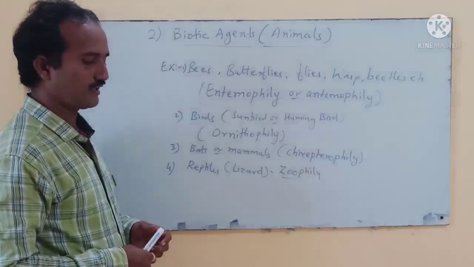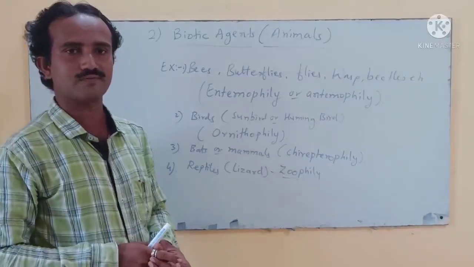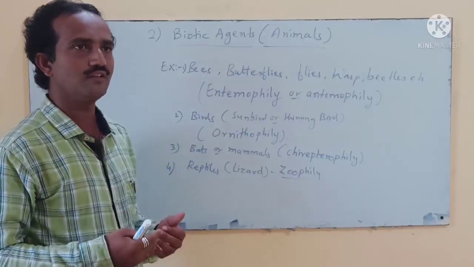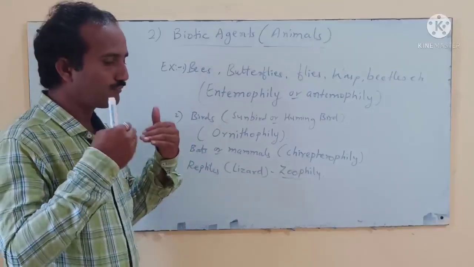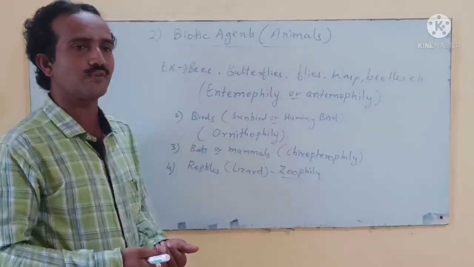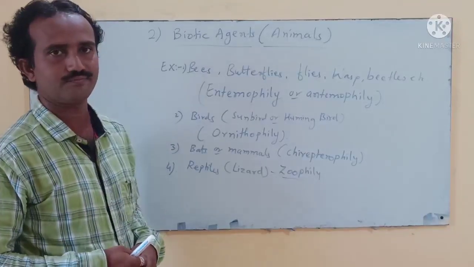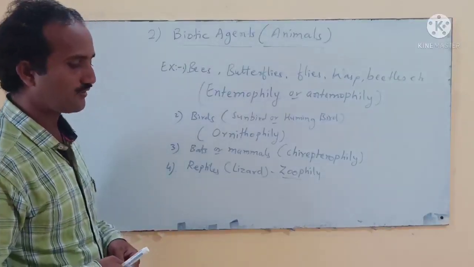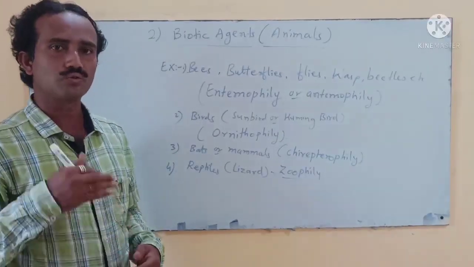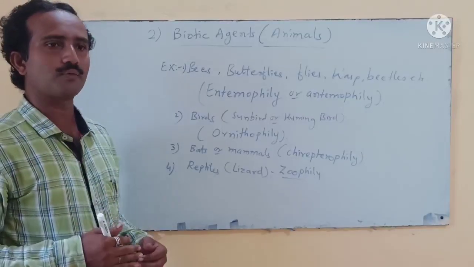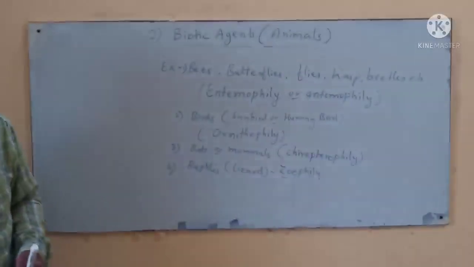We can discuss here the features of insect pollinated flowers, the features utilized by the plants to carry out pollination through insects. What features will be there to carry out this type of pollination effectively? We will discuss that here.